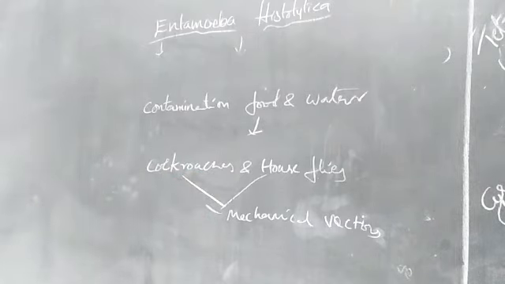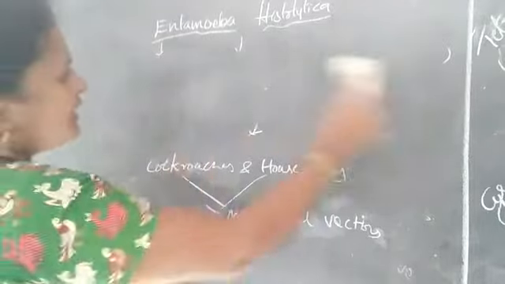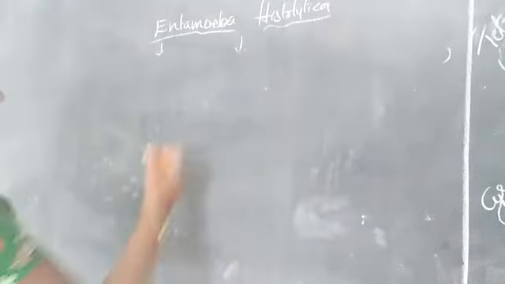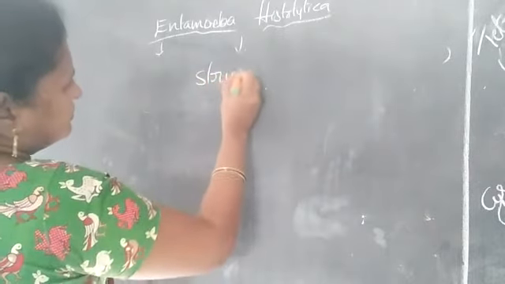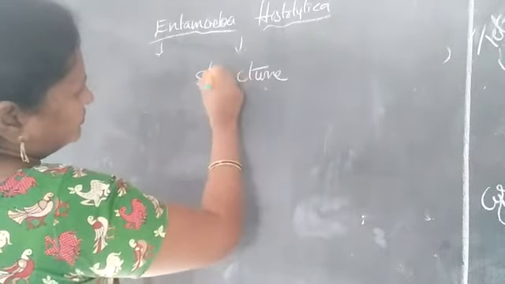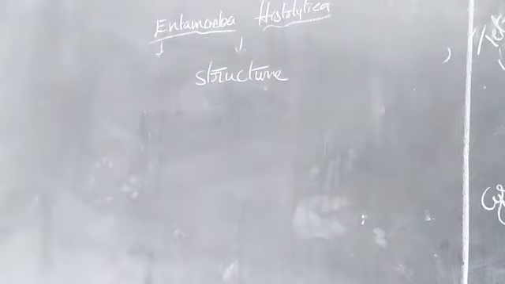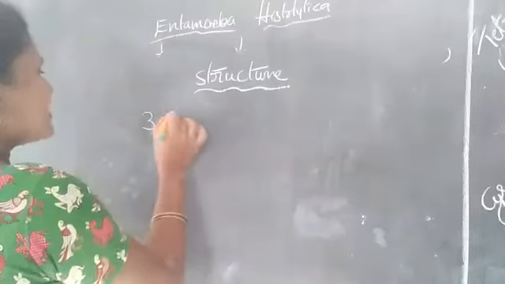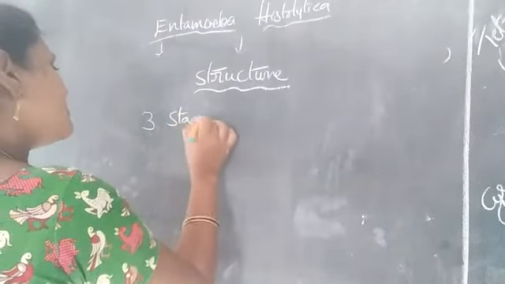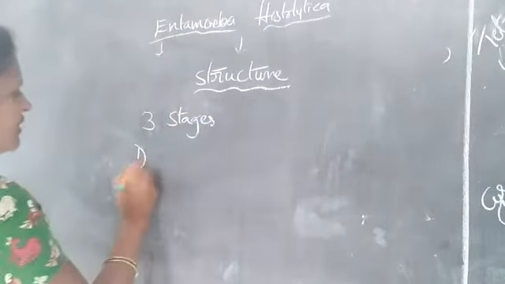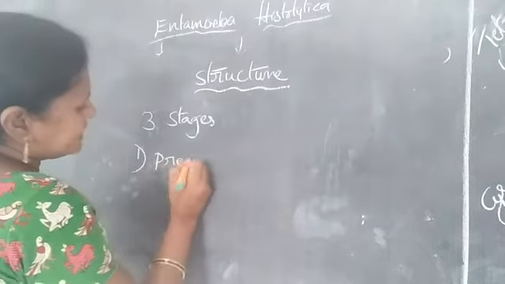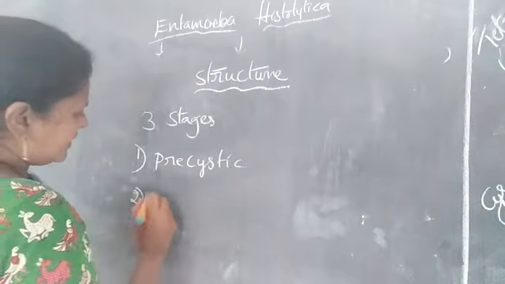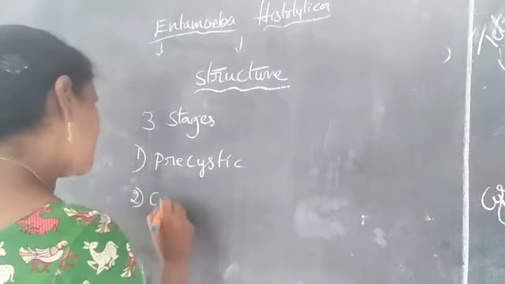Okay, next, the structure of Entamoeba histolytica. It mainly contains three stages.